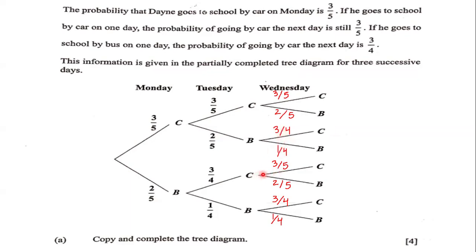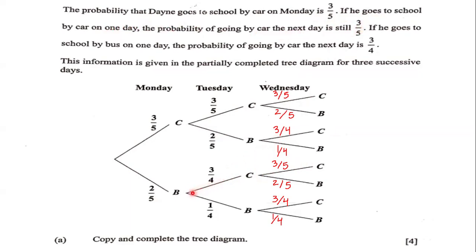Now, this one here is 3 over 5 because he went by car on Tuesday. And if he went by car on one day, the probability of him going by car the next day is 3 over 5 based off of the question, because it says if he goes to school by car on one day, the probability of going by car the next day is still 3 over 5.